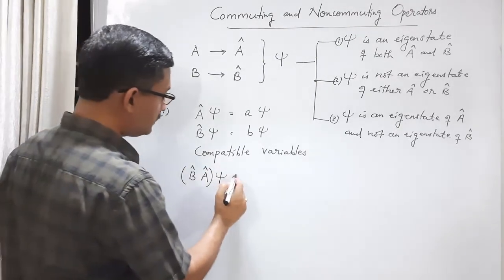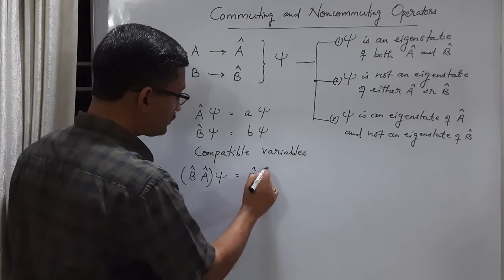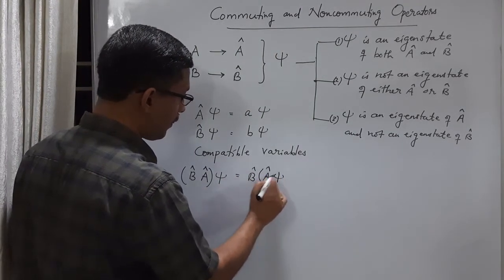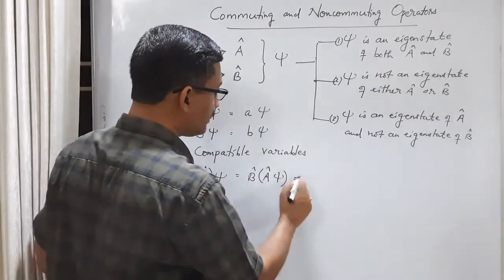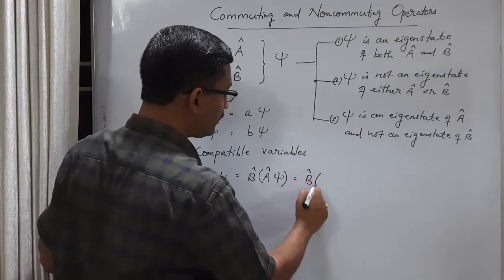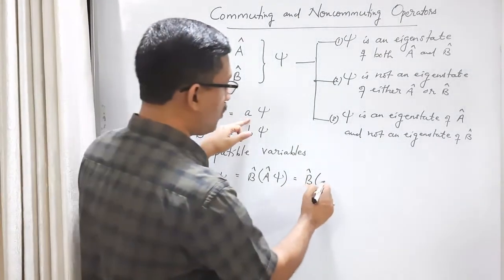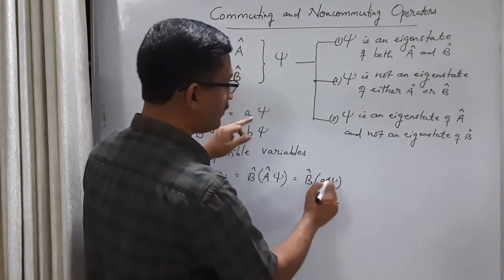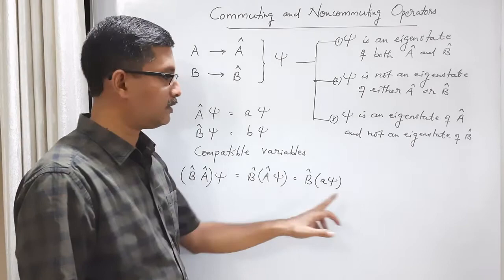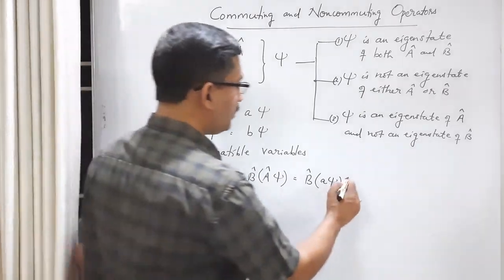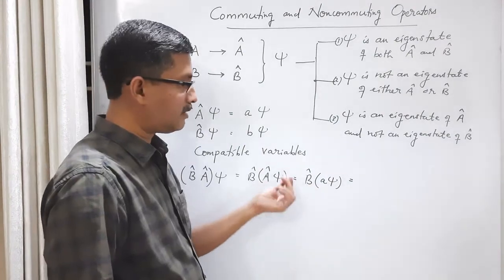So this is equal to A acts on psi, and then B. But what is the result of A acting on psi? Psi is an eigenstate of A, so we get small a times psi, where small a is the eigenvalue of the operator A corresponding to the eigenstate psi. Now this eigenvalue a is a scalar, so we can take it outside.